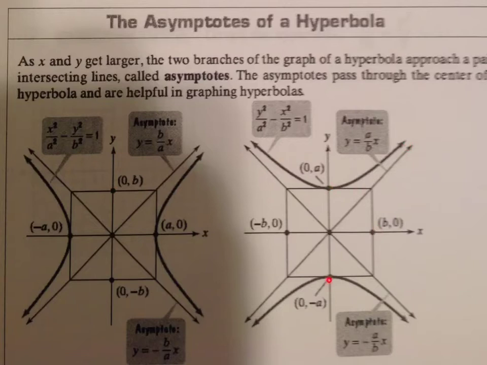So you'd plot your vertices, and then find these points, then make this box, and once you make the box you can draw your asymptotes through, and then draw in your hyperbola that will hit your vertices and get close to your asymptotes. So that's how we would graph a hyperbola. So let's look at trying to do this.